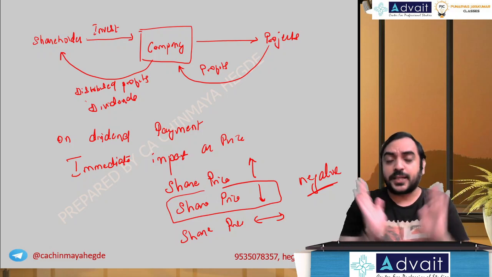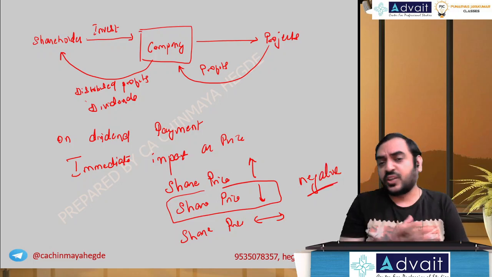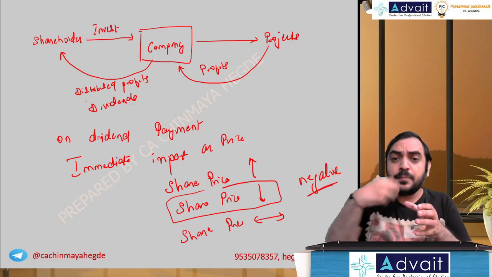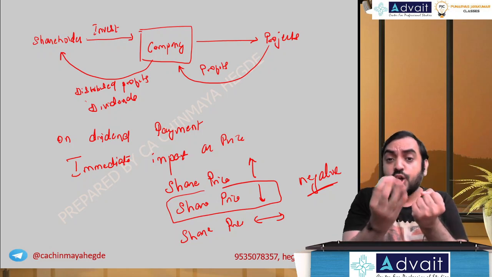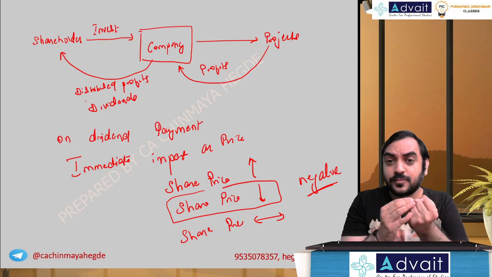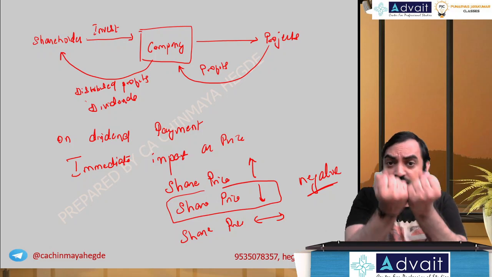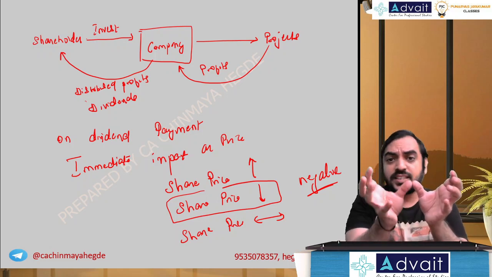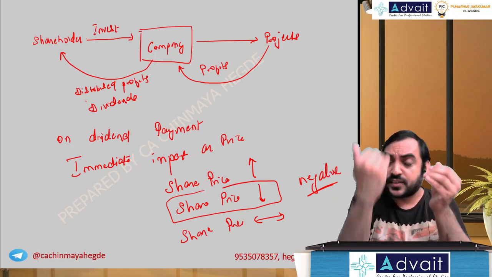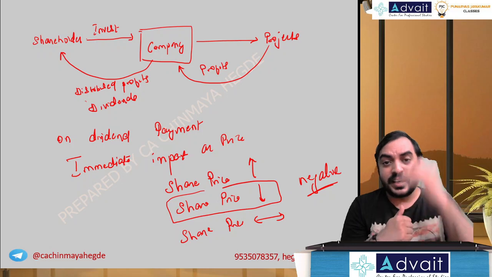Other things remaining constant, when a company pays dividend, what will happen to its net worth? You pay out cash, right? Cash will go out. So the net worth of the company will come down, or you can say net worth is share capital plus reserves. When you distribute profits, reserves will come down, net worth will come down.